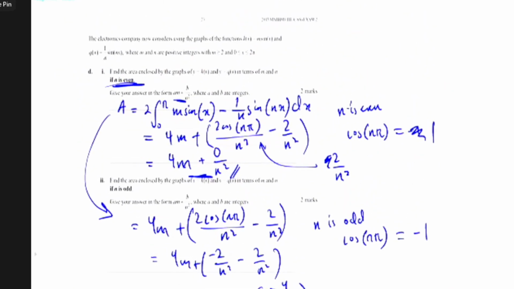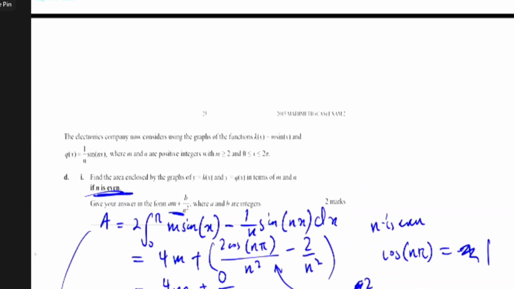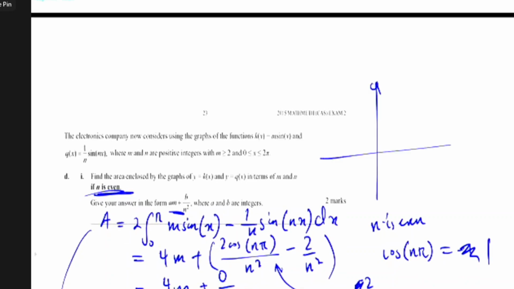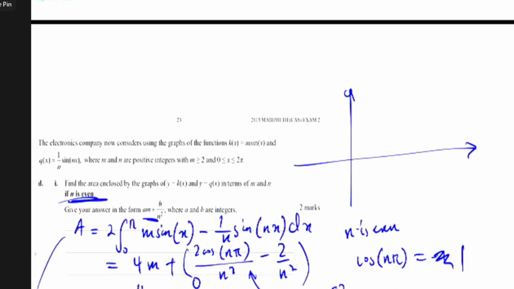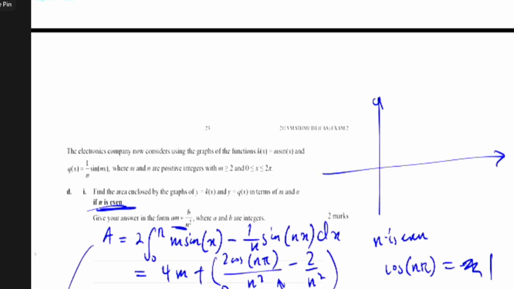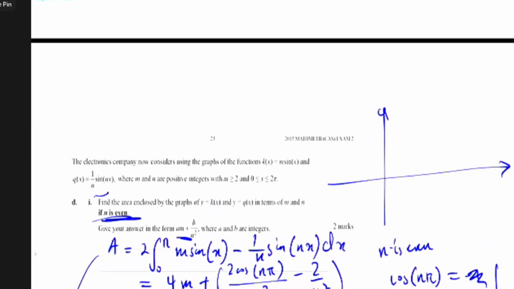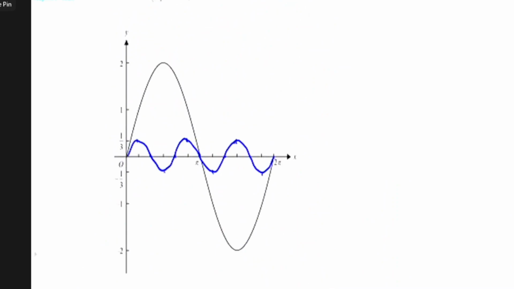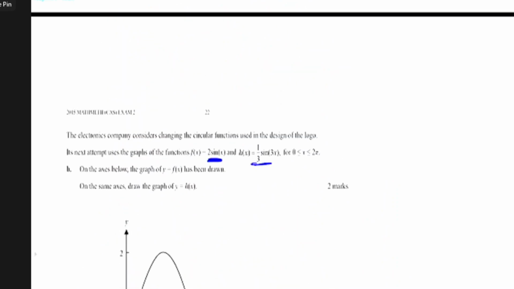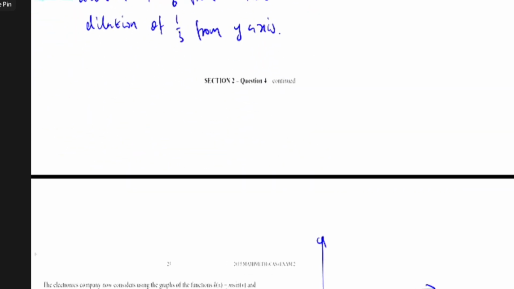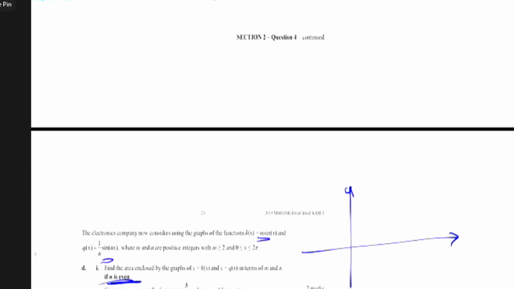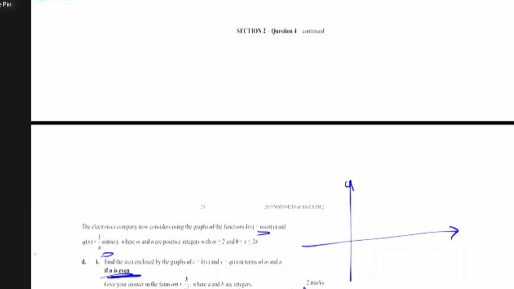So here I'm just going to quickly draw the graphs. Here we can sort of match these functions to this and this. Obviously m as an amplitude will be greater than 1 if m is positive, and 1 divided by n will also be smaller.